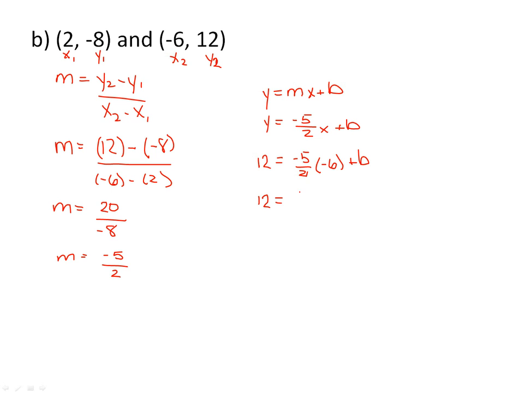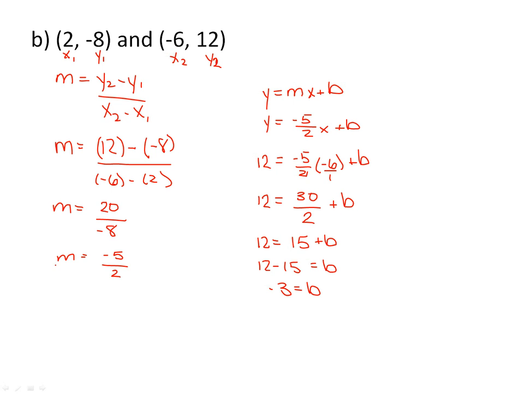So 12 equals, I multiply these together. Negative 6 is like negative 6 over 1, so negative 5 times negative 6 is 30, and 2 times 1 is 2, plus b. So 12 equals, I simplify this and I find that it's 15 plus b. I subtract 15 from the left, and that's equal to b, and b is equal to negative 3.